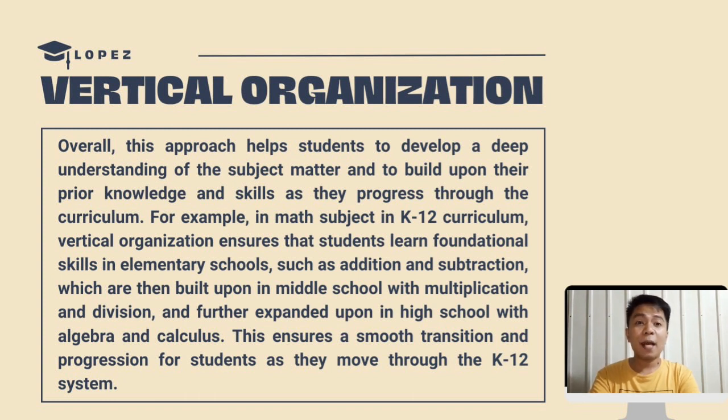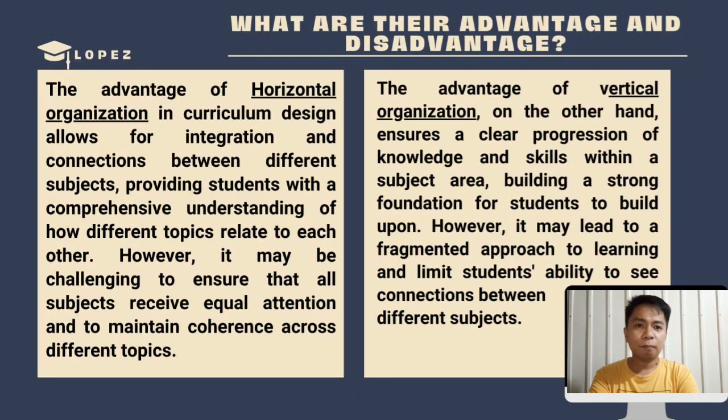For example, in math subject in K-12 curriculum, vertical organization ensures that students learn foundational skills in elementary schools such as addition and subtraction, which are then built upon in middle school with multiplication and division, and further expanded upon in high school with algebra and calculus. This ensures a smooth transition and progression for students as they move through the K-12 system.